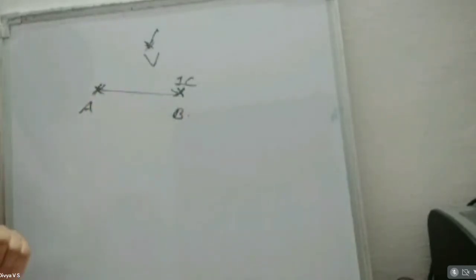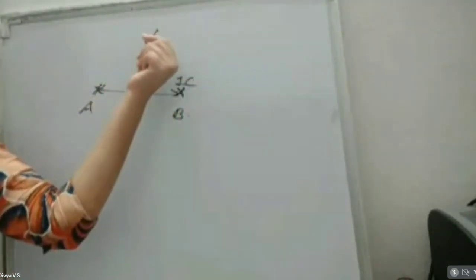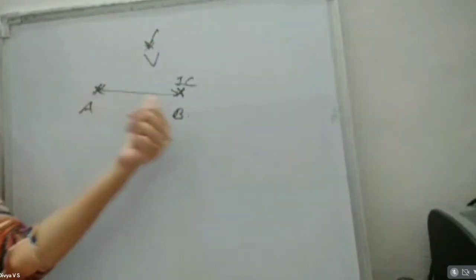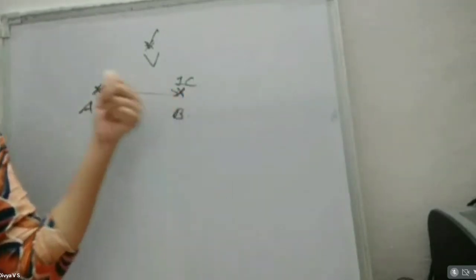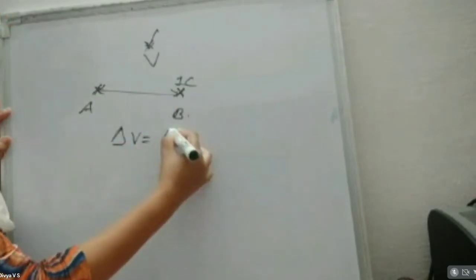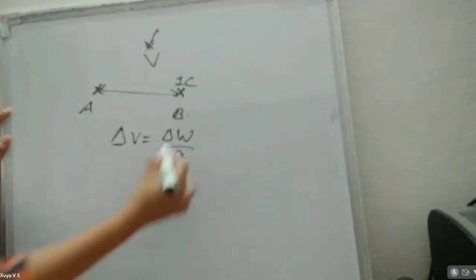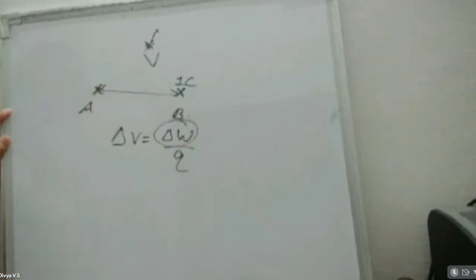Potential at a particular point means it is the work done to bring a charge from infinity to that point. Potential difference between 2 points means it is the work done to bring a charge from one point to the other point. The equation we can write as delta W by Q. Delta W indicates the work done to bring a charge from one point to the other point.